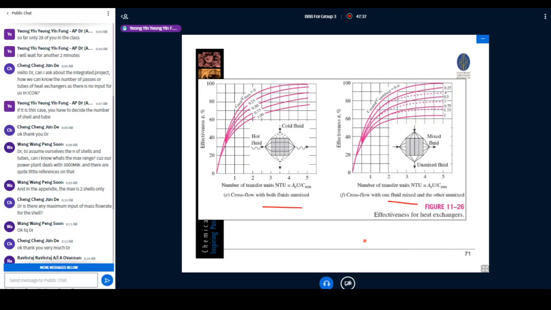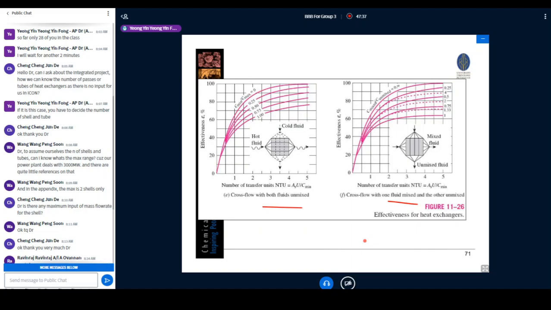You just waste your money to get a bigger size of heat exchanger. So that's why all this chart, as I mentioned just now, you can get much information. But whether you know how to do the analysis or not, that's important, students.